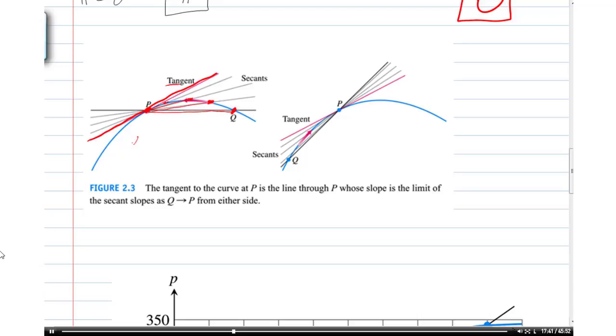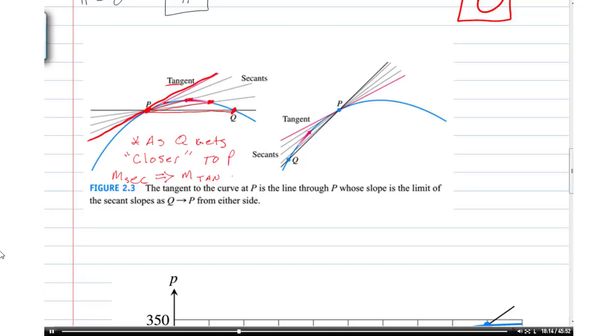It does. As Q gets closer to P, the slope of the secant line is approaching the slope of the tangent line. And the slope of the tangent line is our instantaneous rate of change.